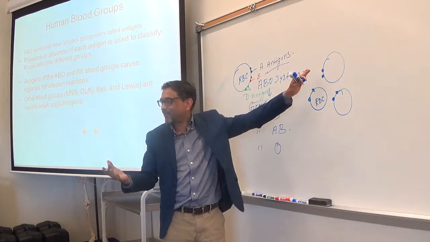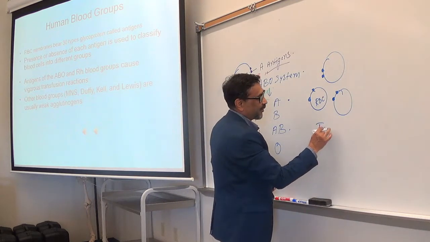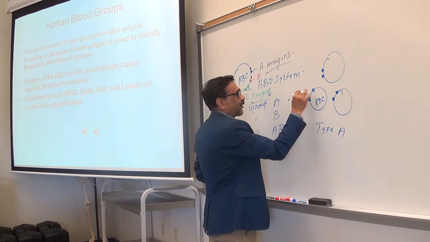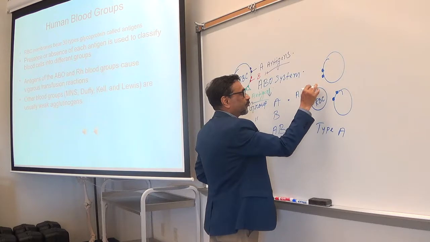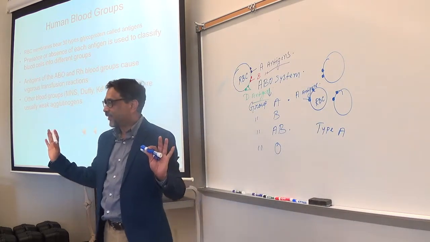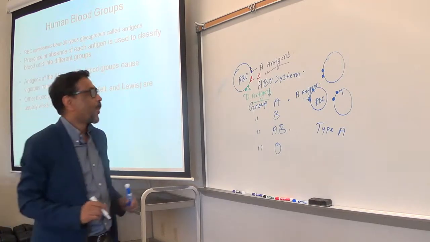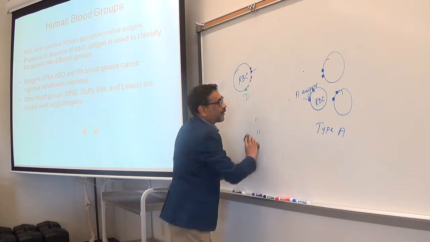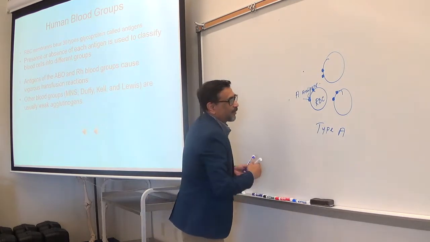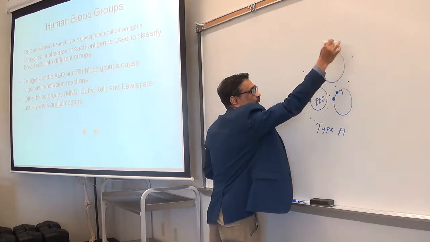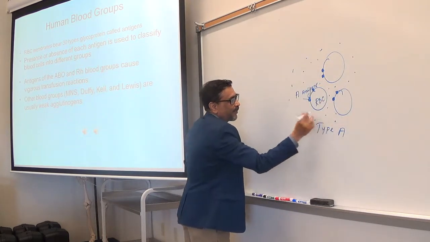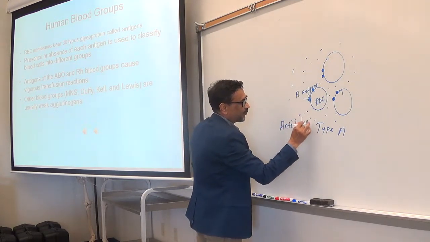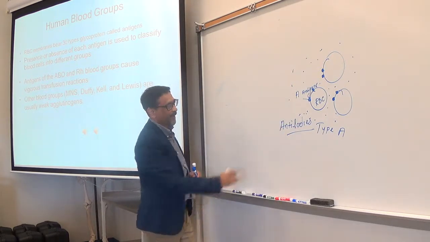This is A type blood, so type or group A. So these are A antigens on the surface of the red blood cell. Is it clear? Makes sense, right? Now, in the plasma, the liquid part of blood, you have antibodies in the plasma.